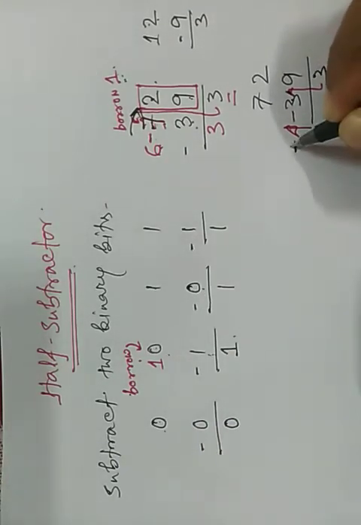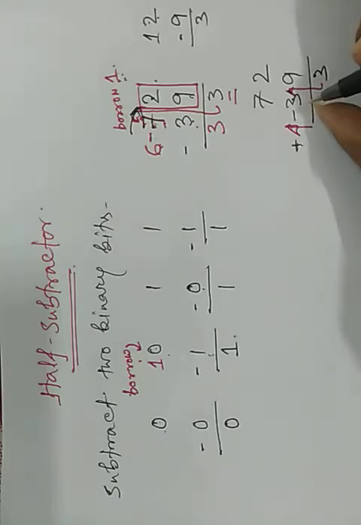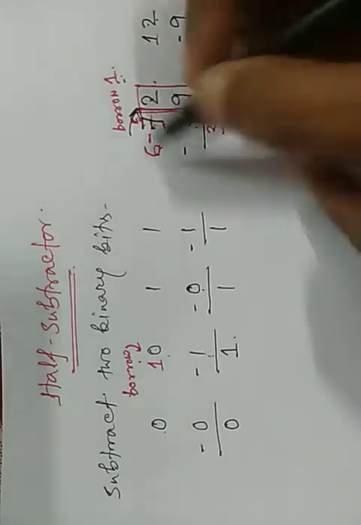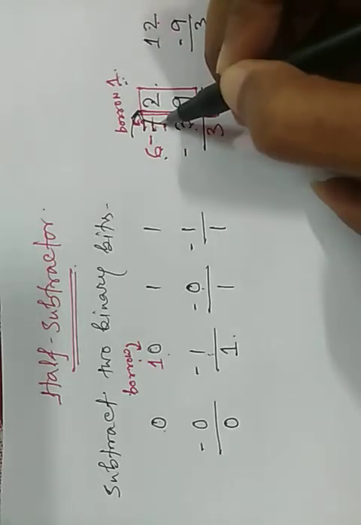Either the borrow is added with the bottom digit, or the borrow is subtracted from the upper digit.